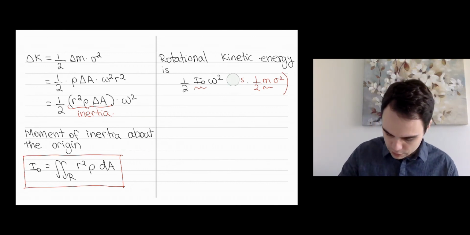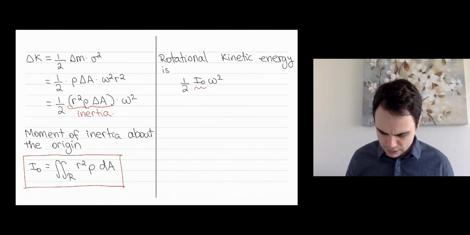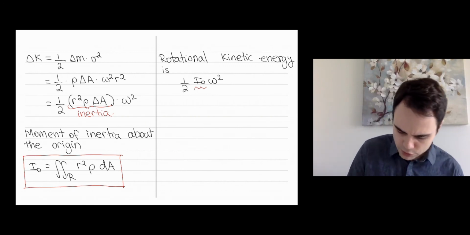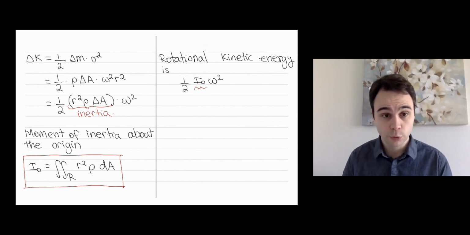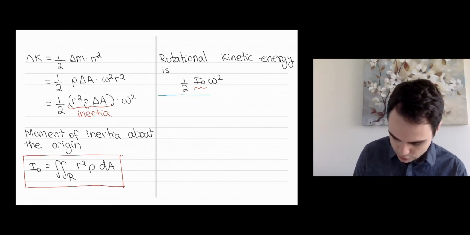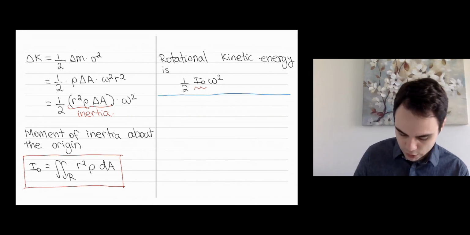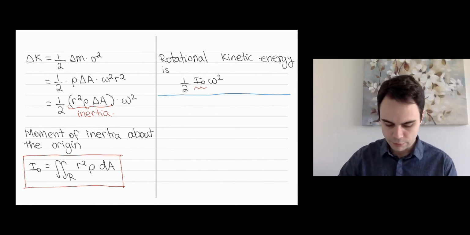Okay, let me delete the comparison here and move on to do a calculation. Actually, before I move on, let me make a remark because it figures in the homework. This derivation gives us the moment of inertia of the object around the origin. We could also rotate the object about different axes.